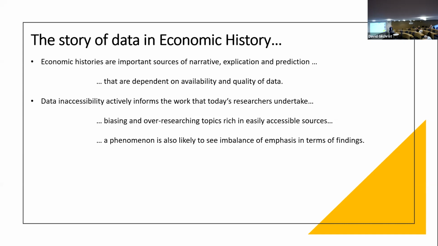It tends to result in a biasing or an over-researching in some areas and an under-researching in others. And I think Western Australian economic history generally is a really good example of that outcome, where we see a need for a lot of work to be done to bring Western Australian economic history up to the bar, the starting point, but perhaps at a national level or in other jurisdictions, there's already advancements. So the phenomenon, I think, is also likely to see that imbalance of emphasis in terms of findings.